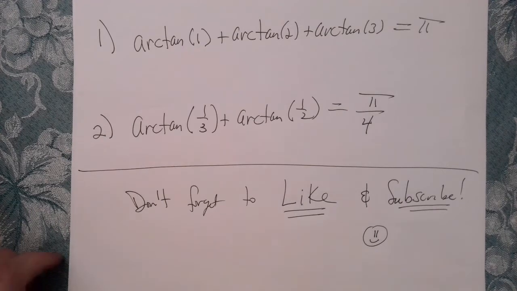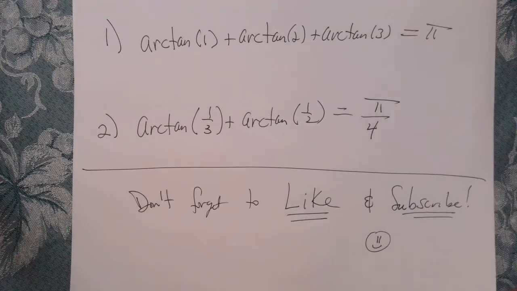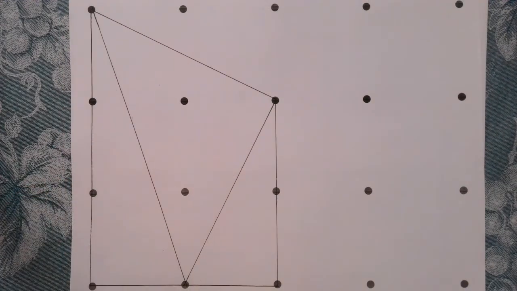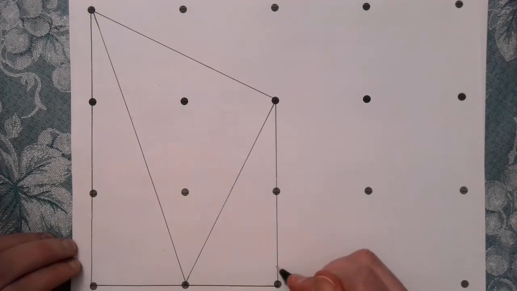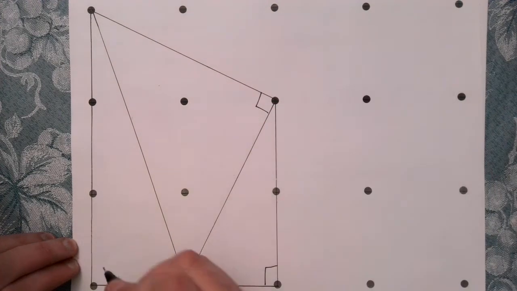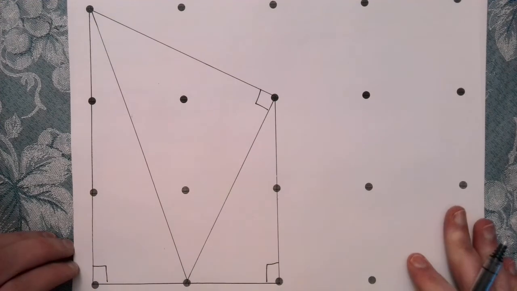Okay, so let's establish these cool results. Here I have a few triangles, and I just want to label the sides and the angles. Here is a right angle, here is a right angle, and here is a right angle.